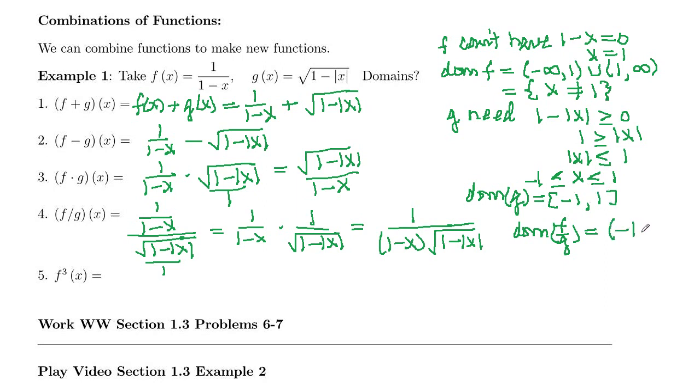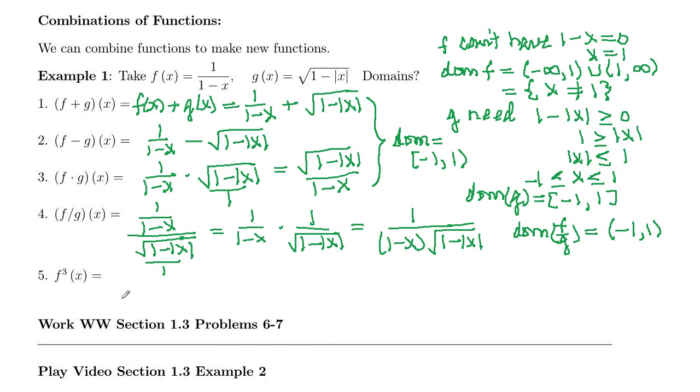So this is just going to be negative 1 comma 1 open. And then all of these guys here, you're just going to intersect the domain. So you're inside negative 1 to 1, but you can't equal 1. So here, all the domains are going to equal, let's see, we can have the -1, but we can't have the 1. So -1, comma 1, parenthesis at the 1.